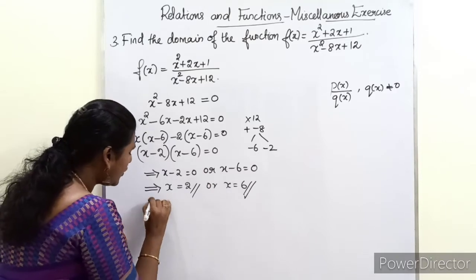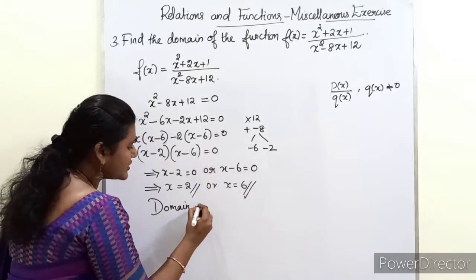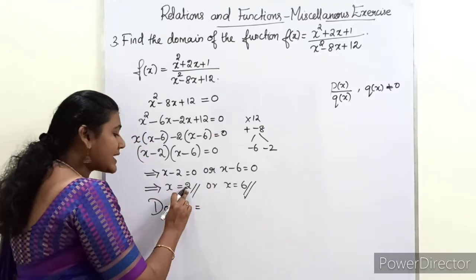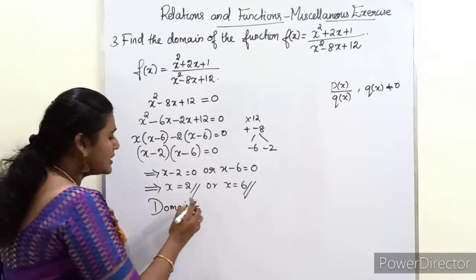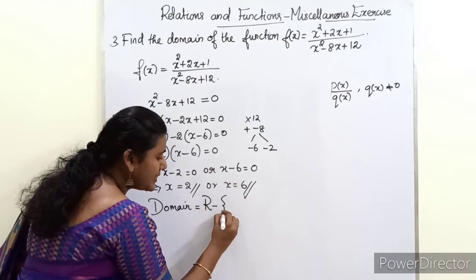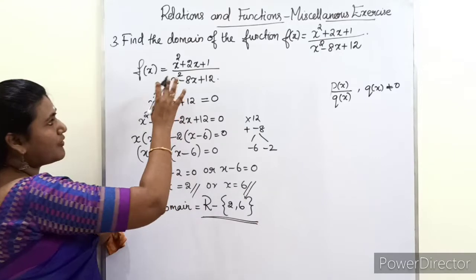So how do we write the domain of a rational function? The domain is all the real numbers except 2 and 6. How to represent that? R minus the set {2, 6}. So this is the domain of the given function.